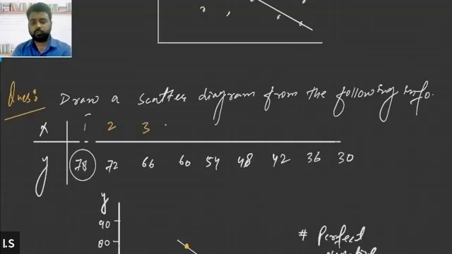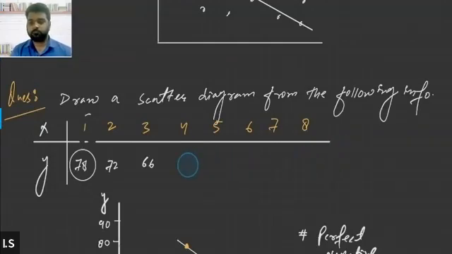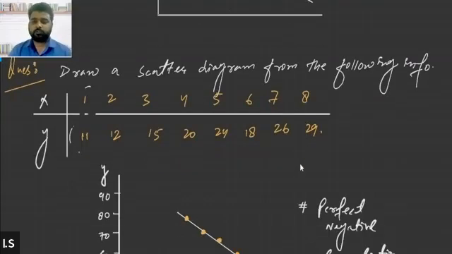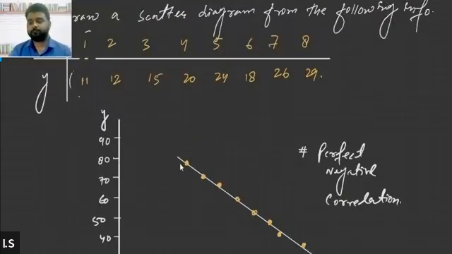And for y, the values are 11, 12, 15, 20, 24, 18, 26, and 29. You need to prepare the scatter diagram based on these values. Okay, sir.